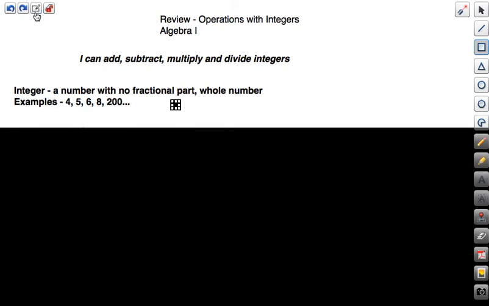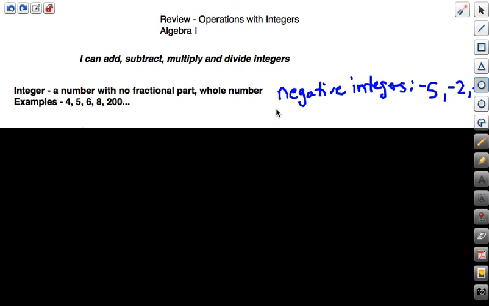So we have negative integers, and that would be any of your negative numbers with no fractional part, like -5, -2, and so on. And then we have positive integers.